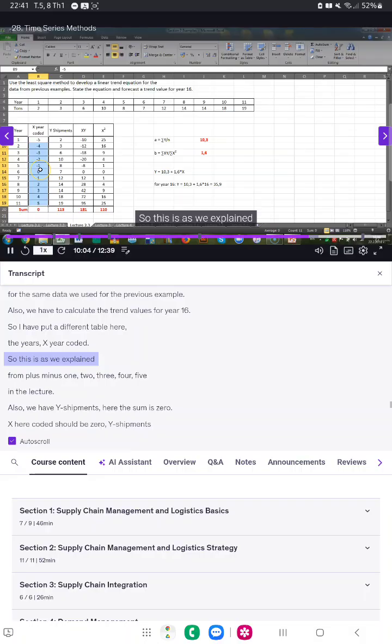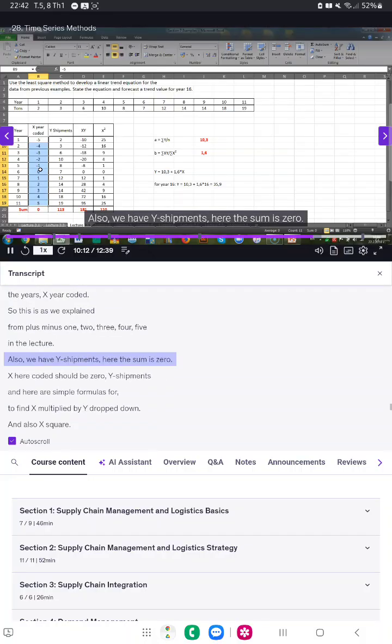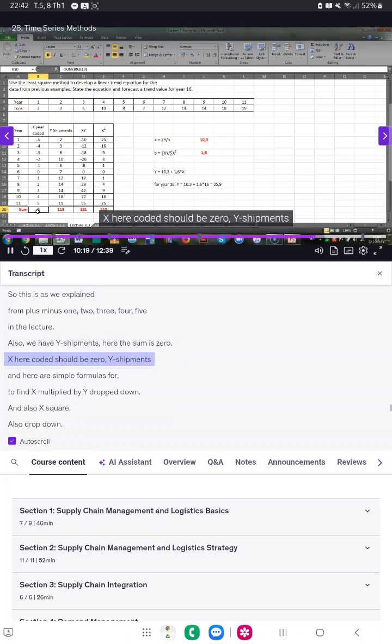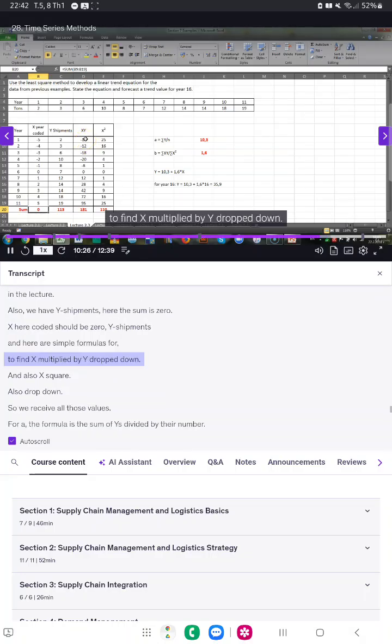So this is as we explained from plus minus 1, 2, 3, 4, 5 in the lecture. Also we have Y shipments. Here the sum is 0. X year coded should be 0. Y shipments. And here are simple formulas to find X multiplied by Y.